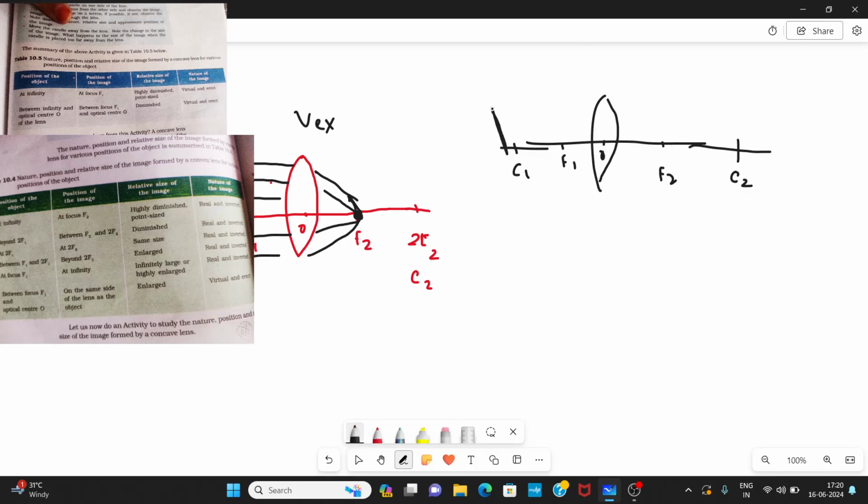Then the incident light, which is parallel to the principal axis, will get refracted at the focus, right? And the incident light passing through the center of curvature will follow the same line.